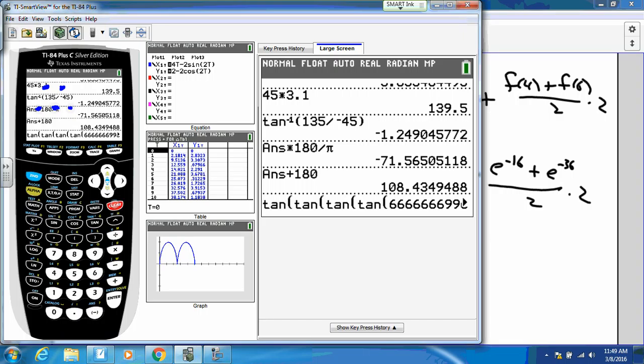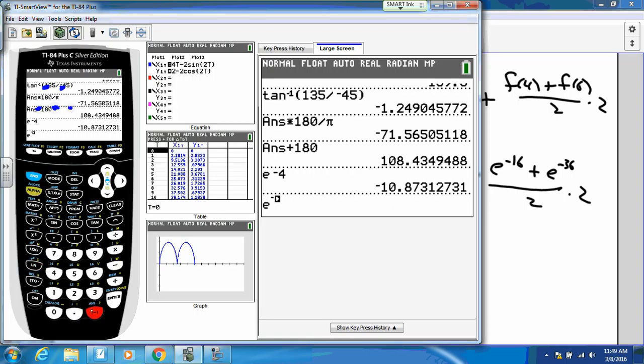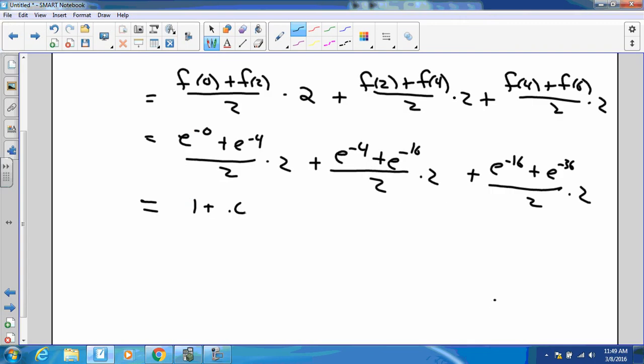Okay, so e to the negative 4 is, huh? That was strange. I think my calculator interpreted that as multiplication. E to the negative 4. There we go. 0.0183. What was e to the negative 16?